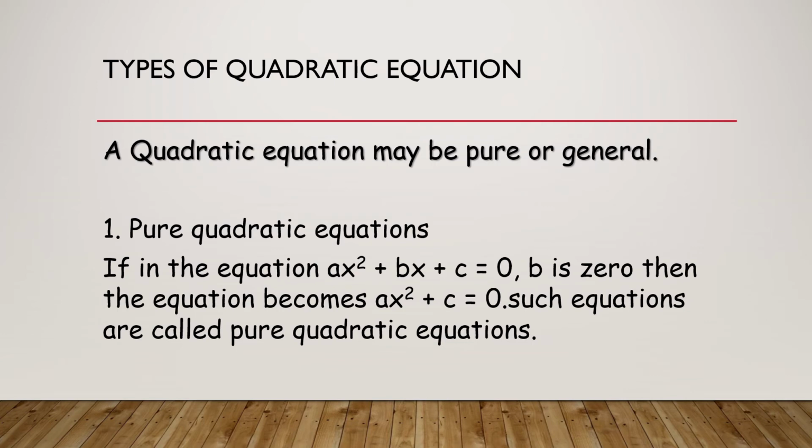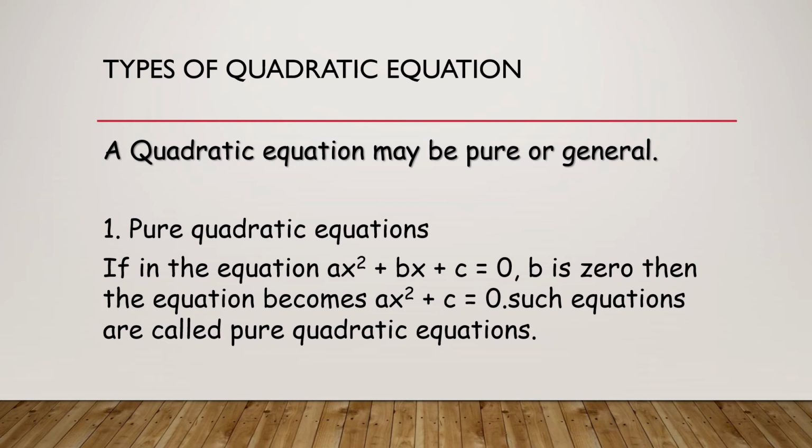Now let us discuss the types of quadratic equations. Quadratic equations are generally divided into two types: pure quadratic equations and general quadratic equations. In a pure quadratic equation, the general form we have already seen: ax² + bx + c = 0.